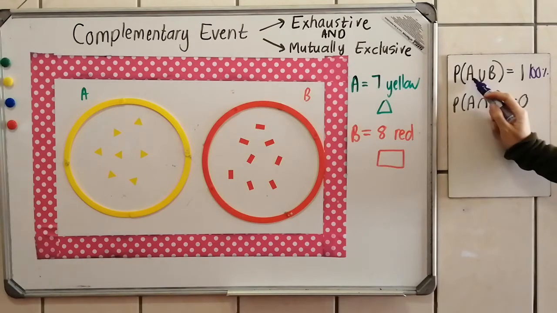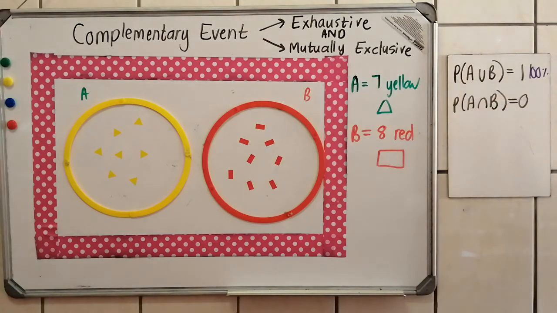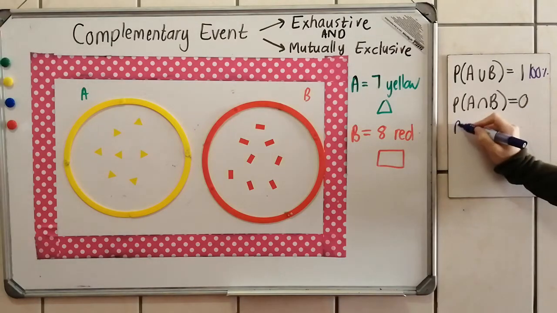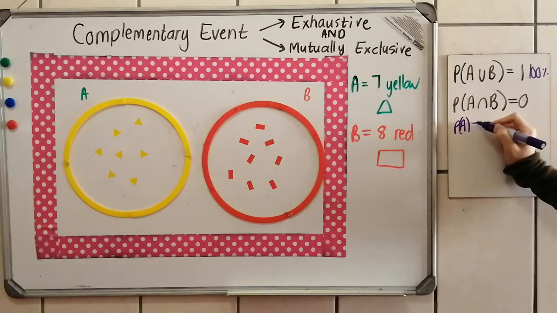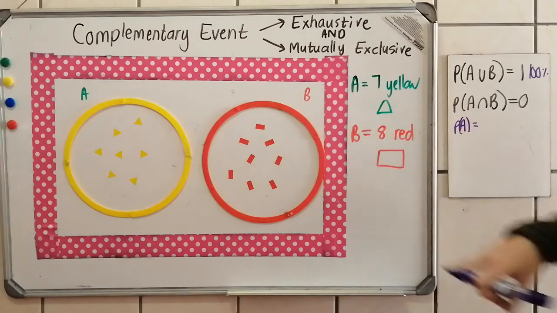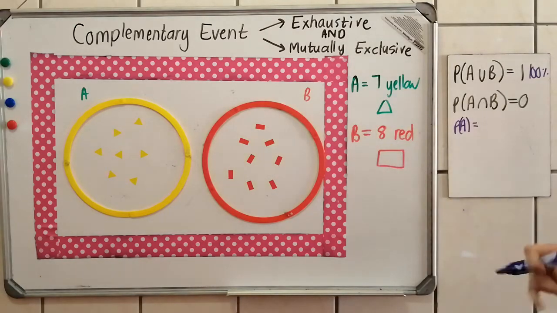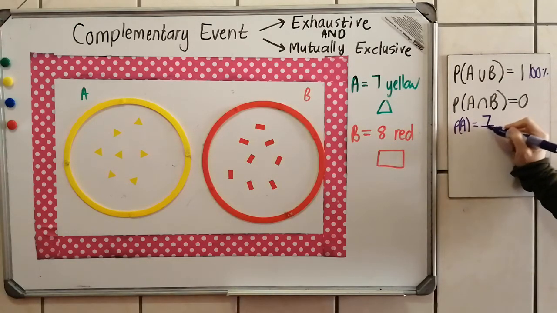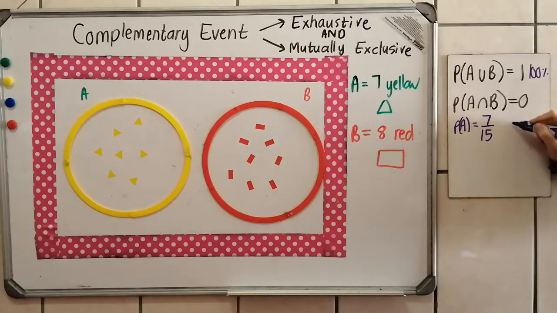What is the probability of A or B, meaning everything in total? So I want, firstly, the probability of A, which is 7 out of a total of 15, because I've got 15 shapes in total. And what is the probability of B? It's 8 out of 15.